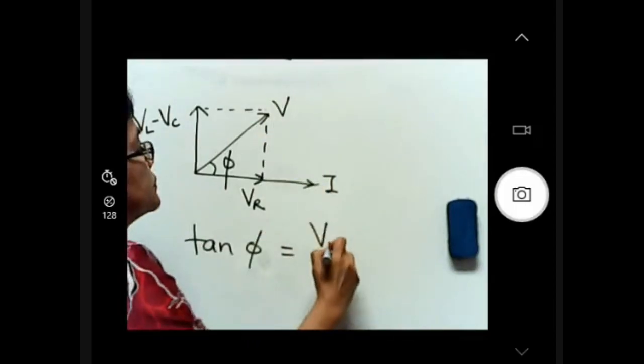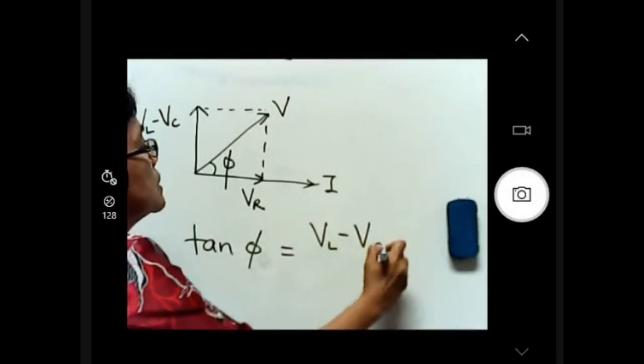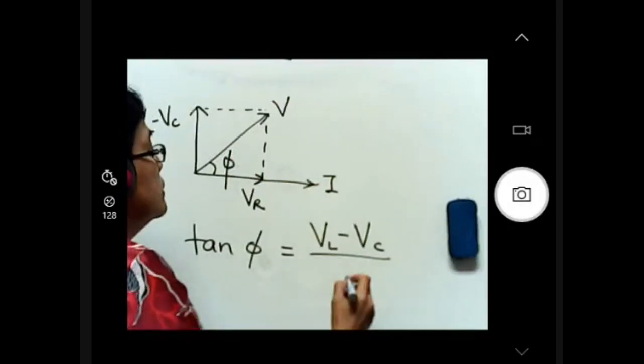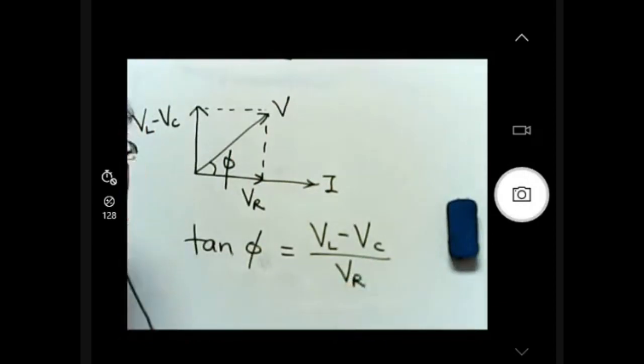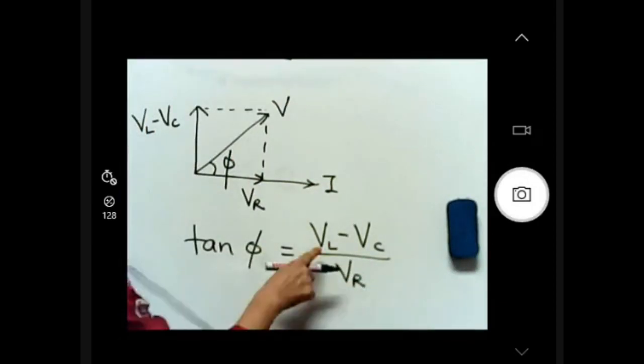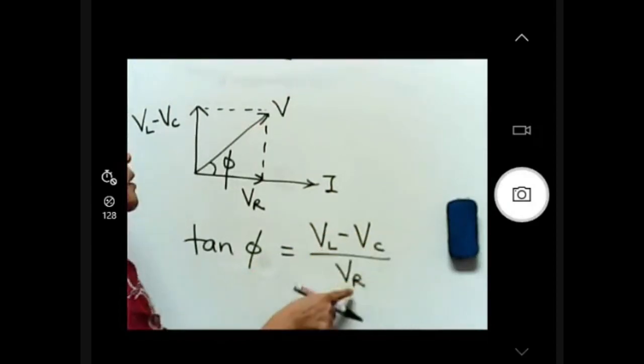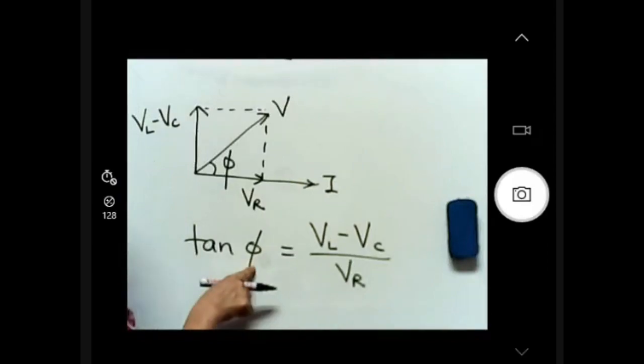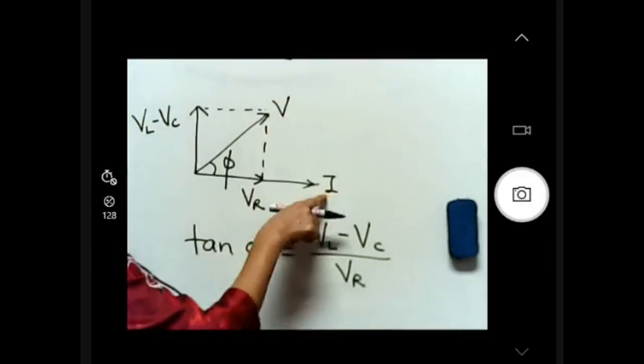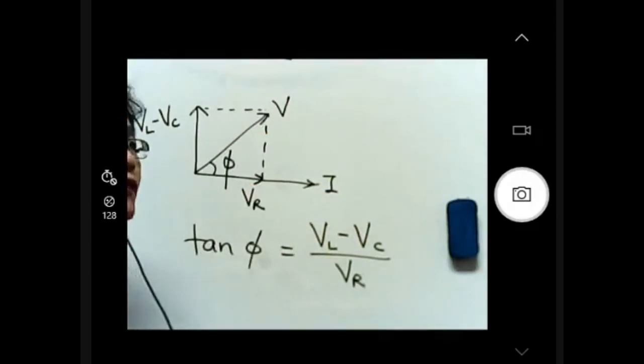VL minus VC divided by VR. Meaning if you know the value of voltage across inductor, voltage across capacitor, voltage across resistor, meaning you can find the angle between source voltage and current, which is called phase angle.